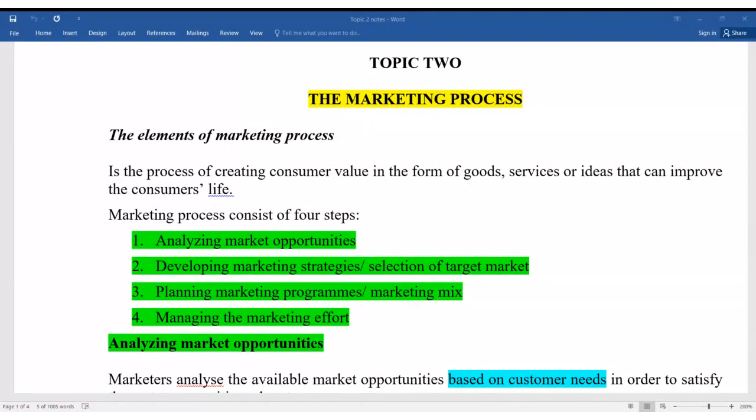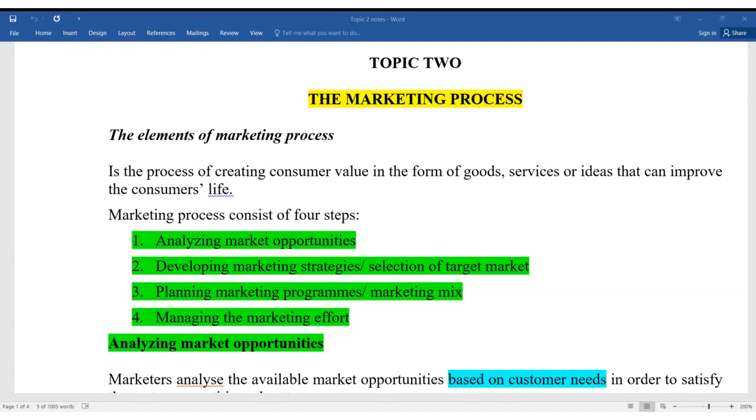Now, the marketing process essentially refers to the scope of marketing. That is, all those activities that normally are done to ensure that marketing achieves its objectives. And we are going to look at the details that are hidden behind these four areas that need to be done.